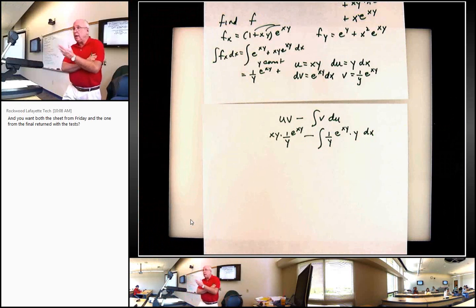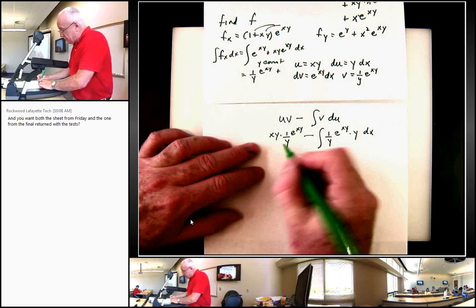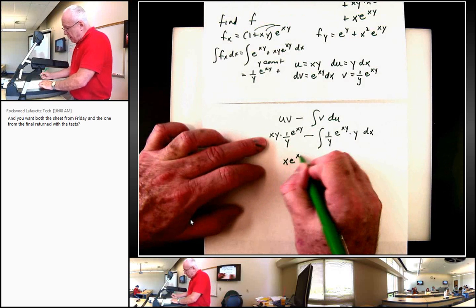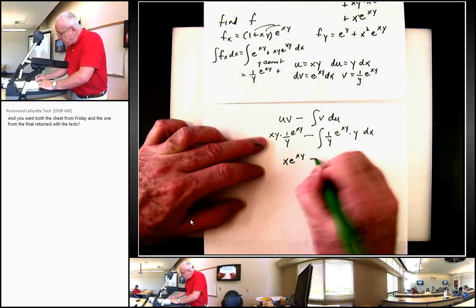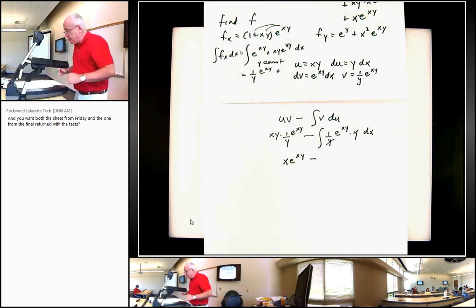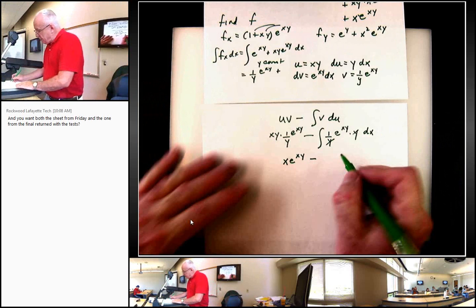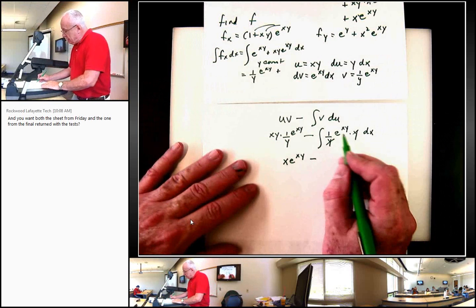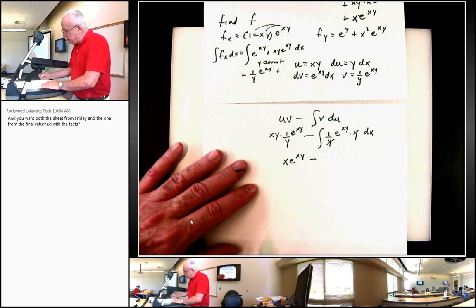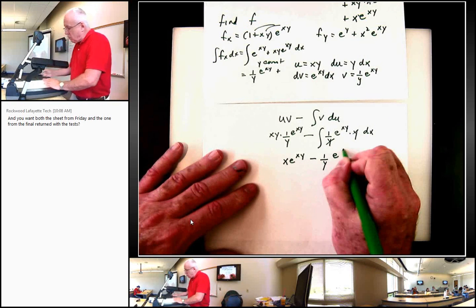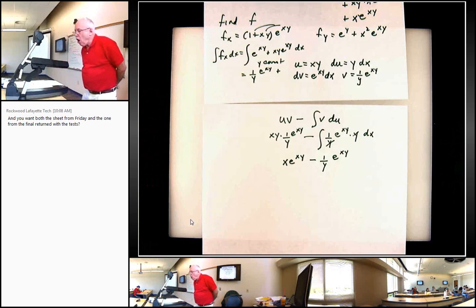So the y's cancel out here, and this gives us x e to the xy, minus the integral, where the y's are constant, so they cancel out anyway. Again, the integral of e to the xy with respect to x is 1 over y, e to the xy. Oh, I see what you're saying.